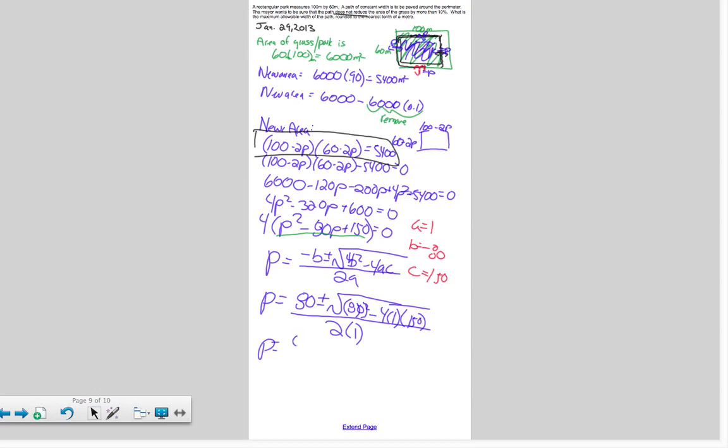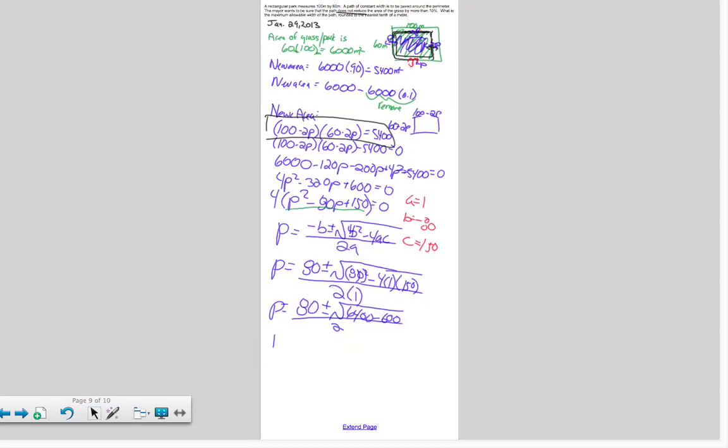So p is equal to 80 plus or minus the square root of 6,400 minus 600, all over 2.